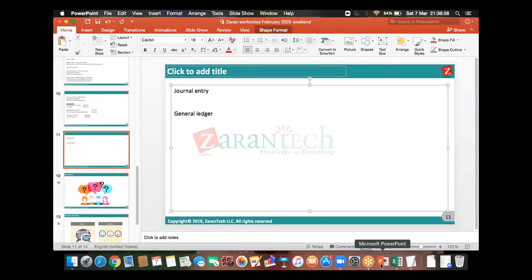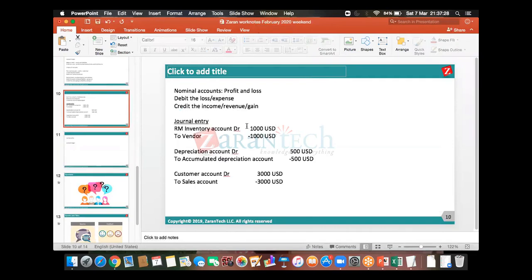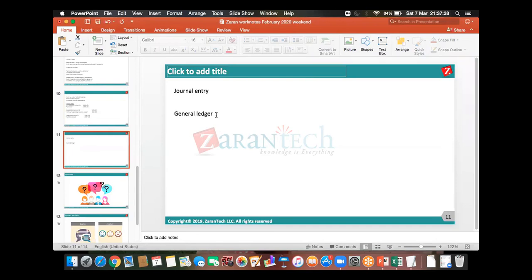Whenever a transaction is done, whether it is a sale or purchase transaction or whatever, I will enter that transaction in some book. That book is called the journal. Journalizing means I'm entering that transaction in the journal, like this. If it is a raw material receipt, raw material inventory debit to vendor account. That is called journalizing the transactions, entering in that journal book.